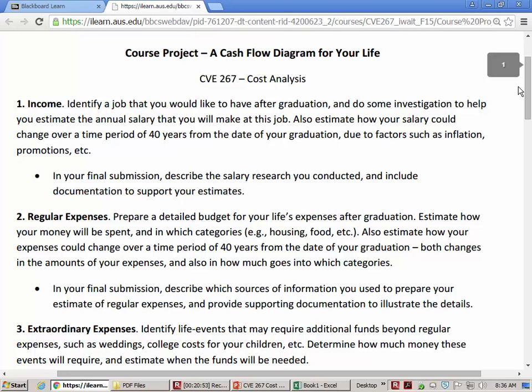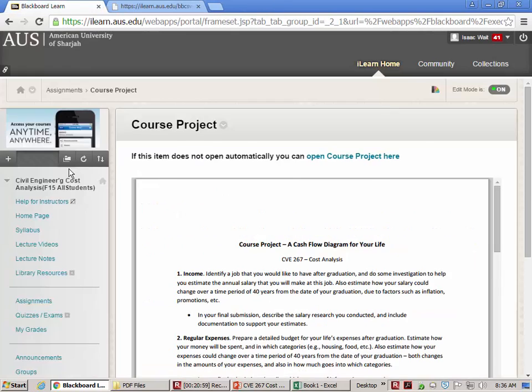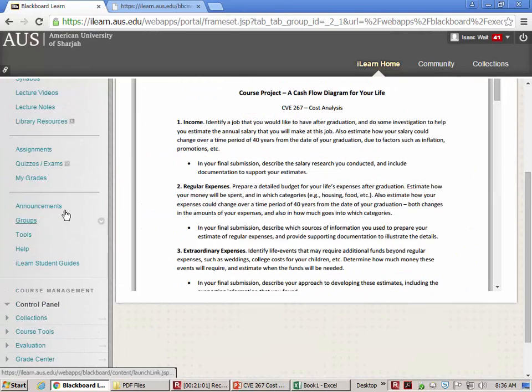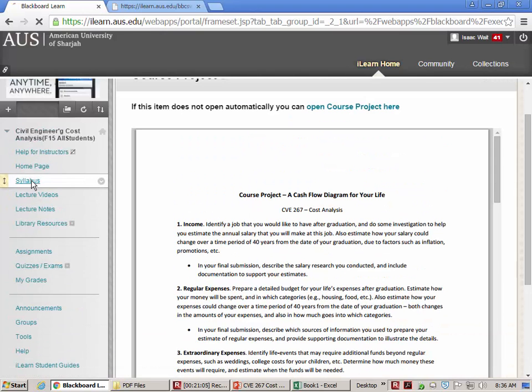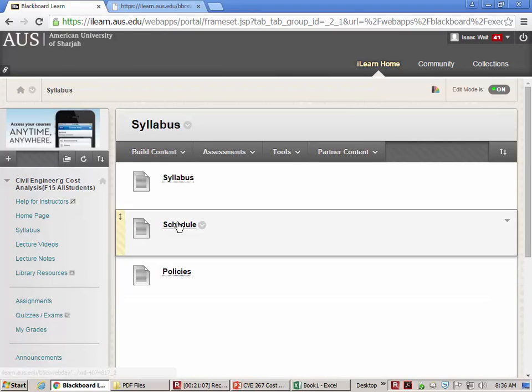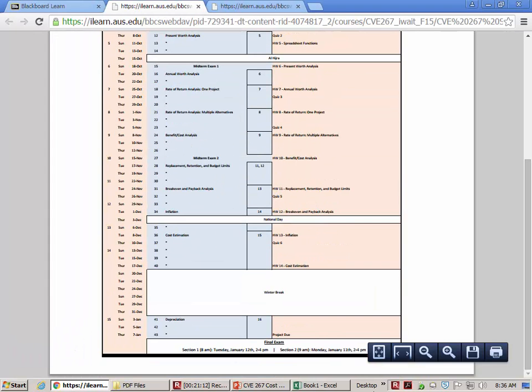So a cash flow diagram for your life. There's numbered sections here, and the report that you're going to turn in at the end of the project corresponds to those numbered sections. And let's just look at the schedule to make sure when it's due. Last day of class, right, so Thursday, January 7th.